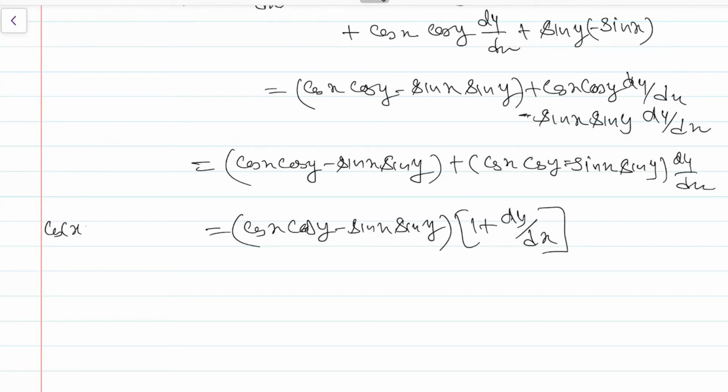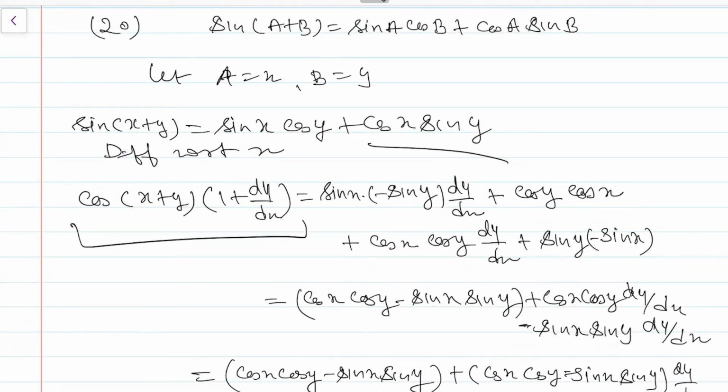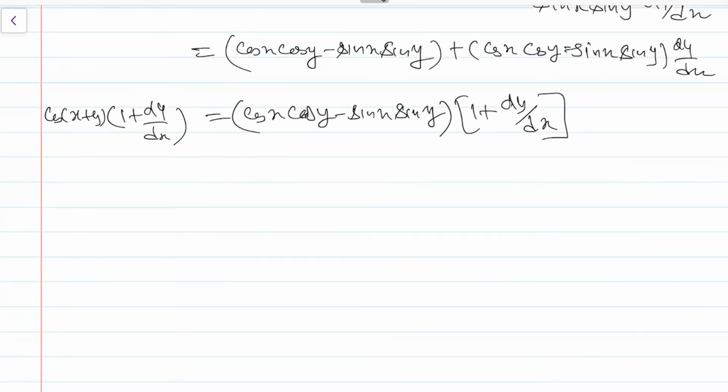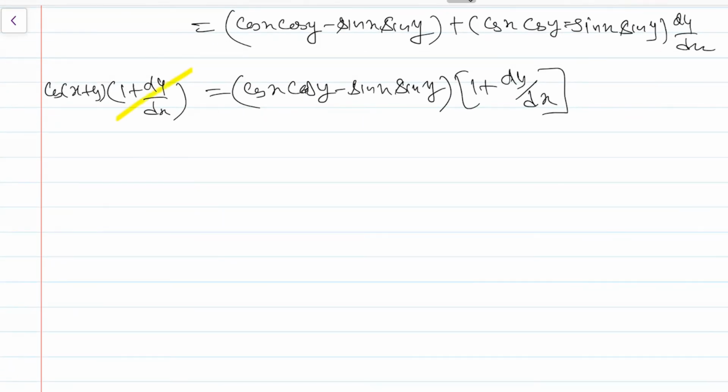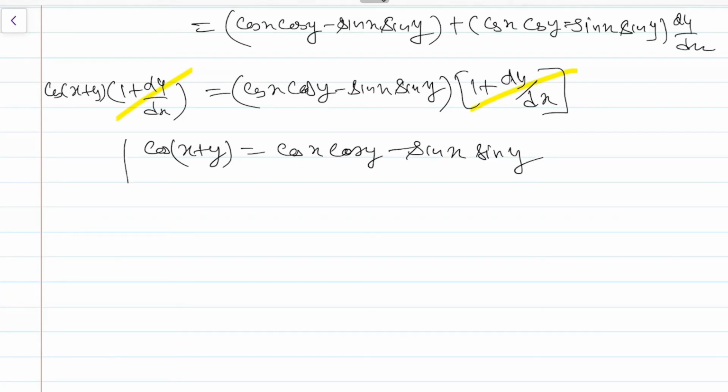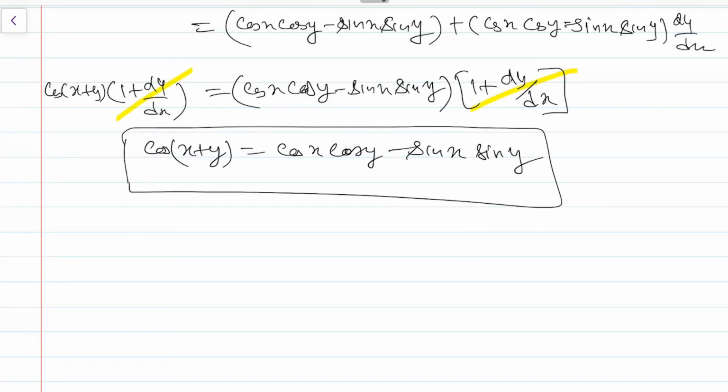Left hand side is cos(x plus y) into (1 plus dy over dx). Now (1 plus dy over dx) can be cancelled from both the sides. We get the required expression: cos(x plus y) is equal to cos x cos y minus sin x sin y. This is the required expression.